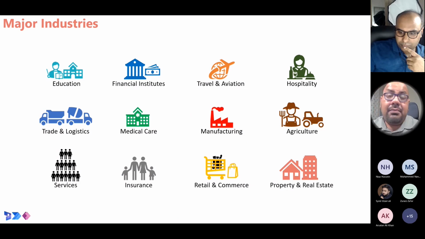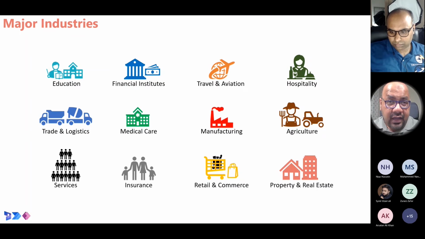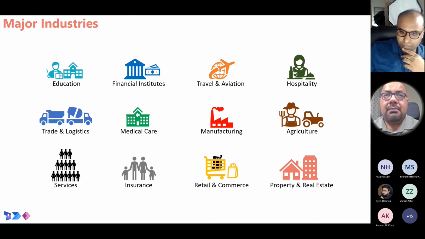Then again, there is a big portion of retail, because retail needs very comprehensive logic to implement in terms of front desk automation as well as back office operations. So Microsoft has a big stake in the retail and commerce market. Specifically, if we talk about Business Central or Navision, that's a big business division, and you will find it on top of this sector.